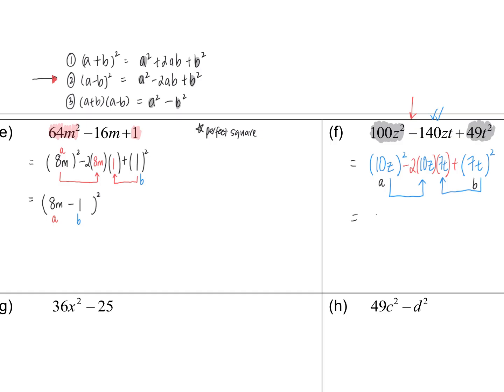So factorization says it must be a minus b squared. So I put in my a being 10z. I put in my b being 7t. And then the middle must be minus. So I'm just using this number 2 rule to help me factorize my answer. So what I'm doing here is factorize.